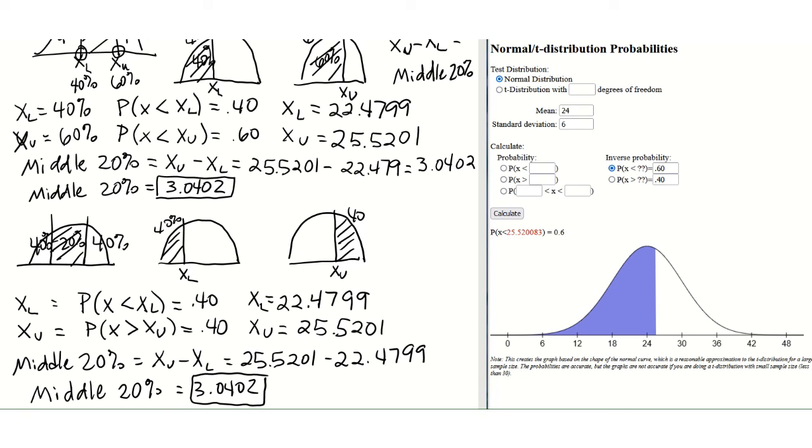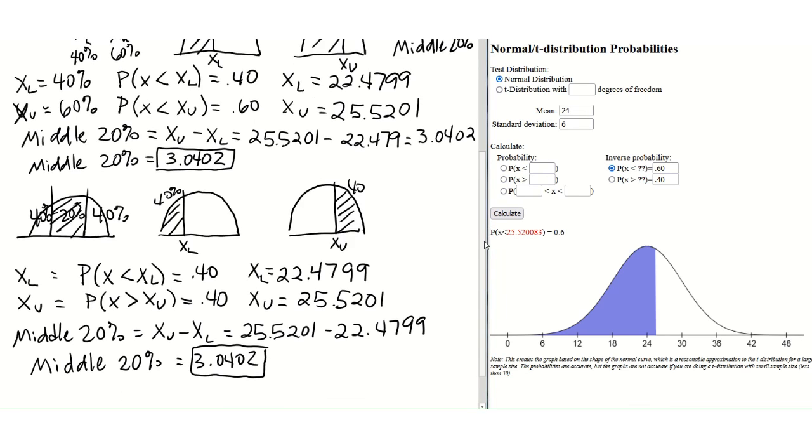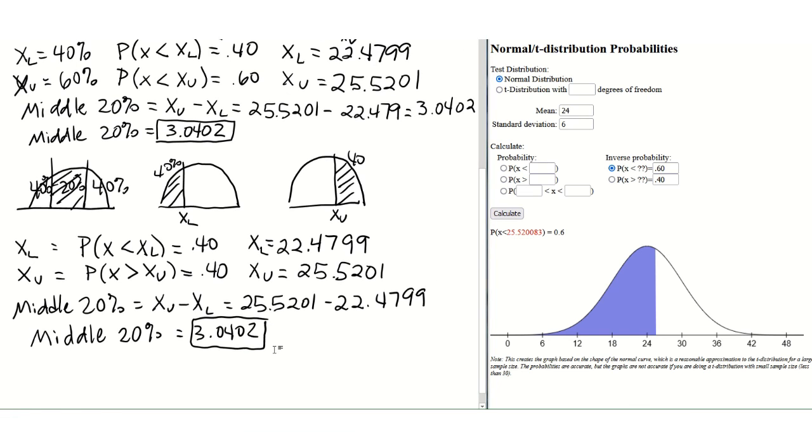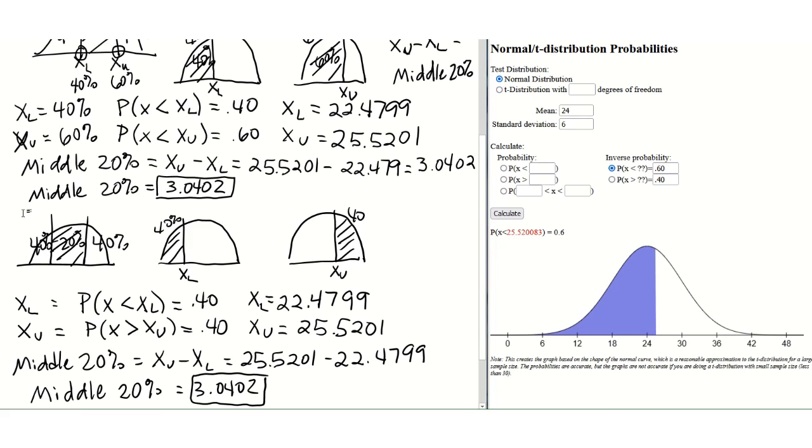So that gives you two different ways to solve for any time that you have any type of two-tailed distribution where they want a middle portion of your graph.